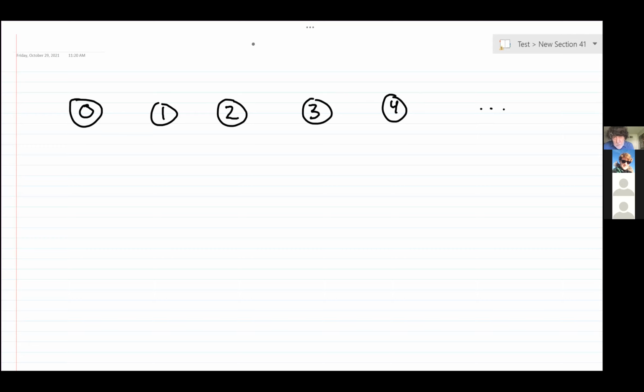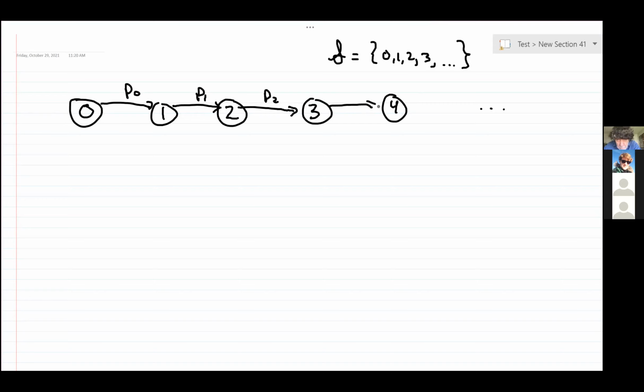So we're assuming the state space is 0, 1, 2, 3, etc. Notation. We've used this in the past, so I'll stick with it. This would be P0 going from 0 to 1. This would be P1. This would be P2, P3, etc.